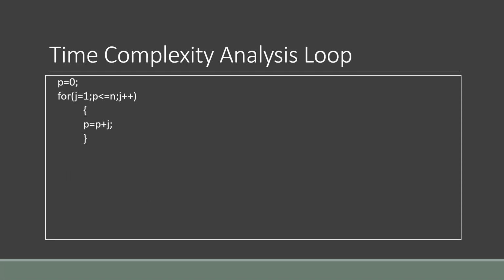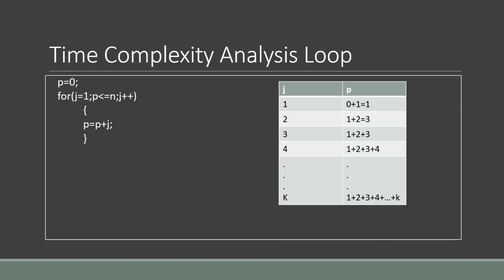Next, suppose there is a variable p equals 0, j is 1, the loop depends on the value of p, and we have j plus plus, and instead of a statement we have p equals p plus j. Now with the value 1 for j, the value of p is 0 plus 1.